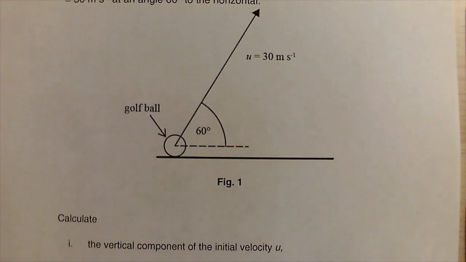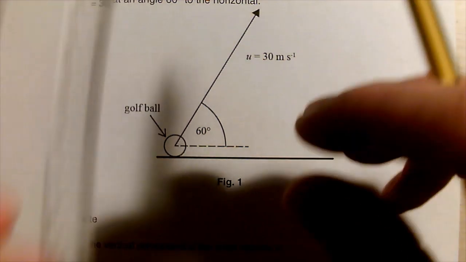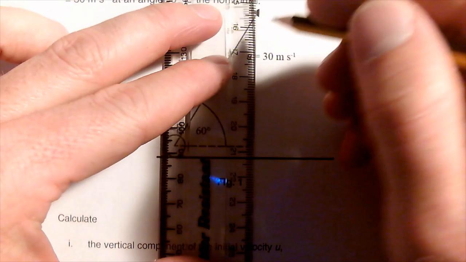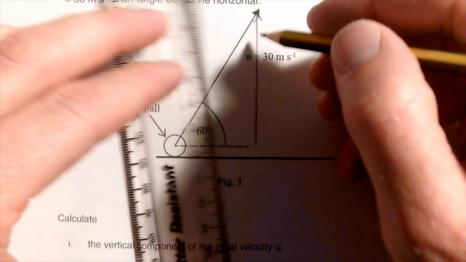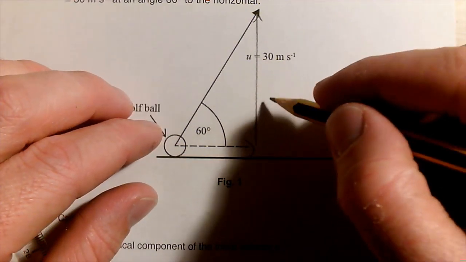So you've got an overall velocity, a resultant of 30, so we can turn that into a triangle, and there's a vertical component that way and a horizontal component that way.